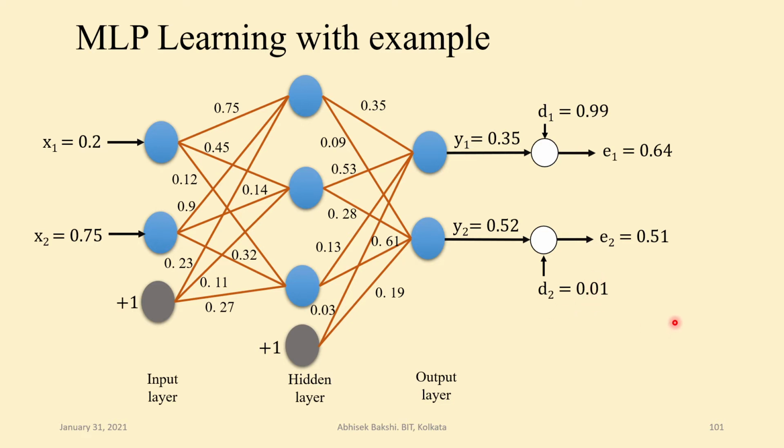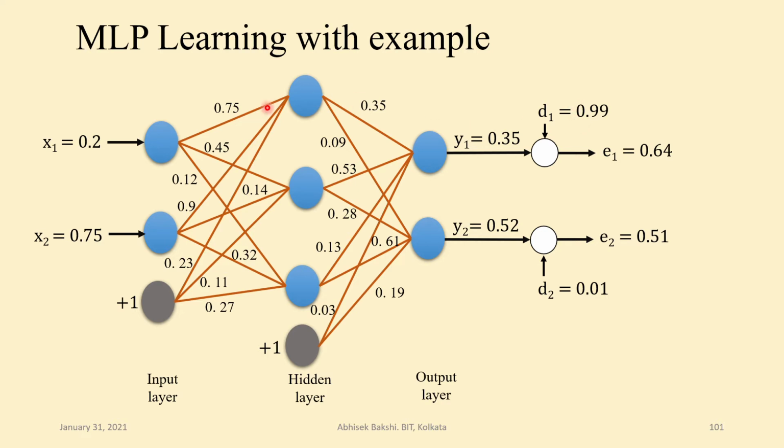If the data is of class 1, then this desired value d1 will be 0.99 and d2 will be 0.01. If the data I am feeding is of class 2, then this desired value will become 0.01 and this will become 0.99, suppose.